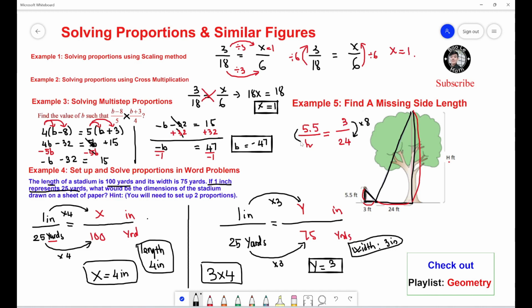Now we do the same thing right here to solve for h. So we multiply by 8. So h equals 5.5 multiplied by 8, which is 44 feet. And that is the answer.